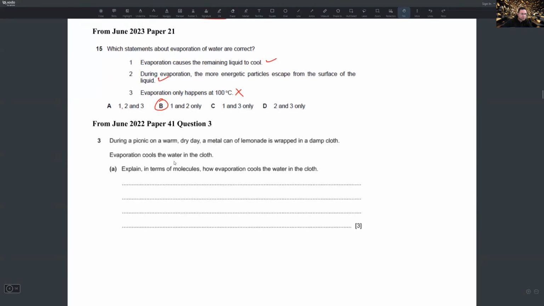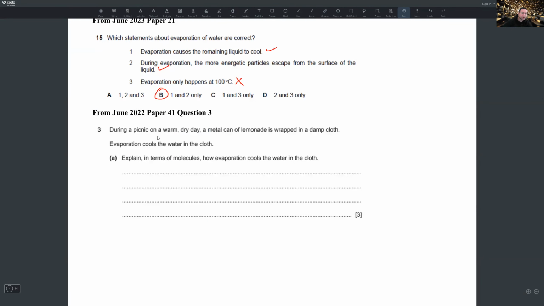Finally, during a picnic on a warm, dry day, a metal can of lemonade is wrapped in a damp cloth. Damp meaning wet. So if I have a bottle of lemonade, and you wrap it in a cloth that is wet or damp, the water in that cloth will start to evaporate.